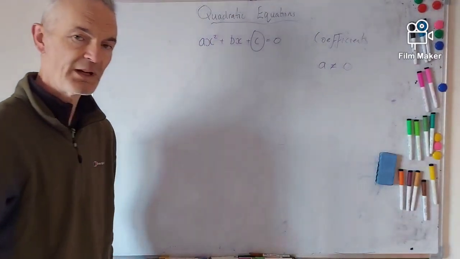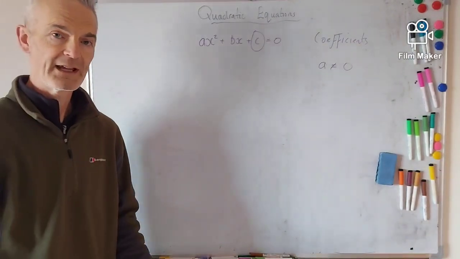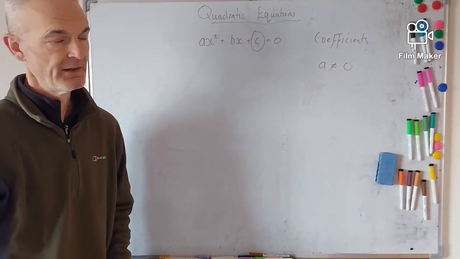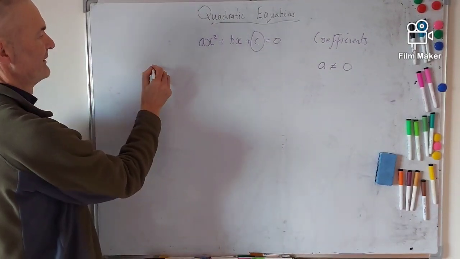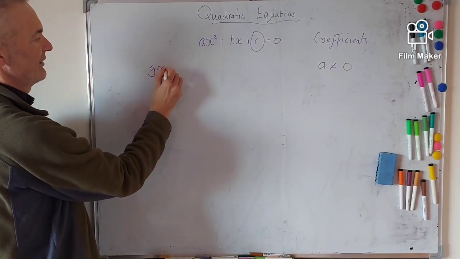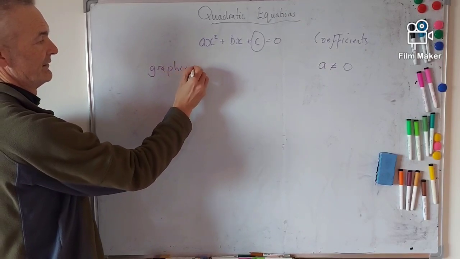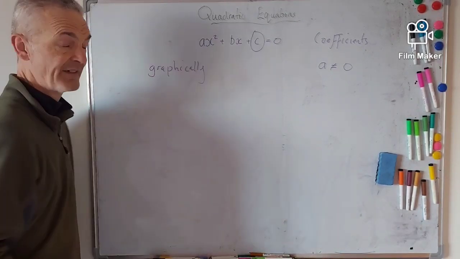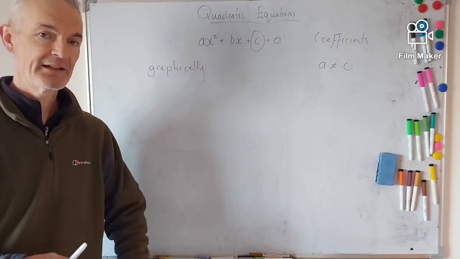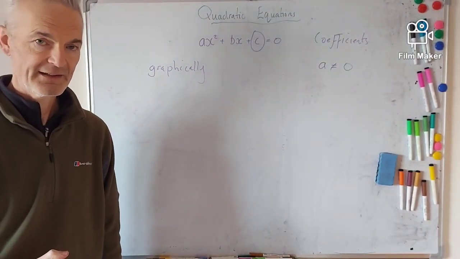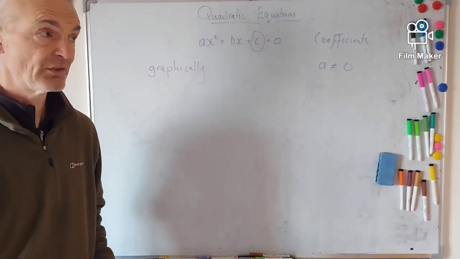Now there are different ways of working out the solutions. As I've just shown you, you can solve this graphically. You can plot the quadratic and see where it crosses the x-axis, and that's going to give you your solutions.